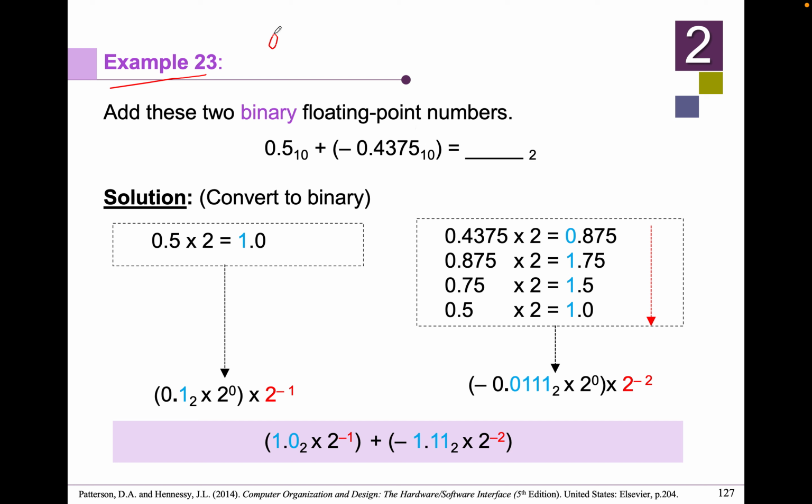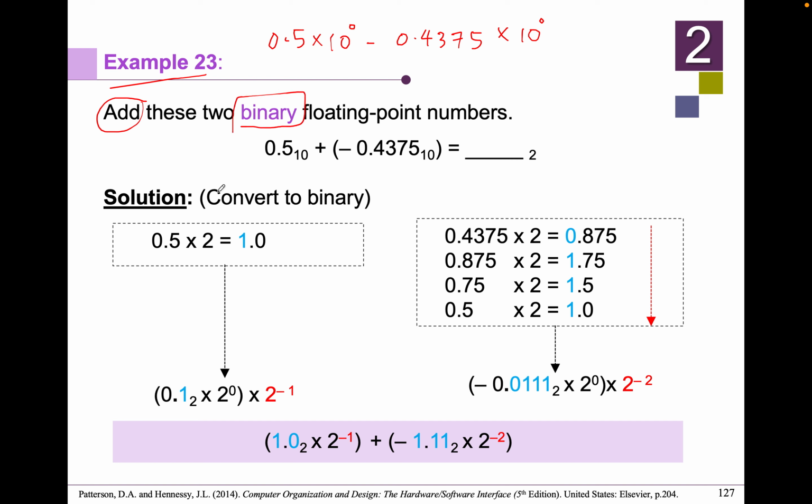What happened? This is 0.5 times 10 to the power of 0. Here will be negative 0.4375 times 10 to the power of 0. Add. You need to add these two numbers using binary.